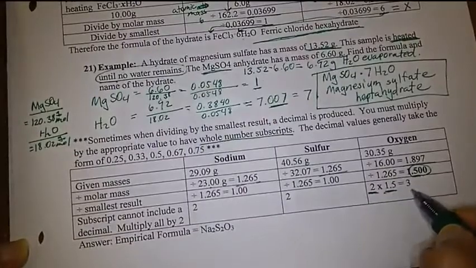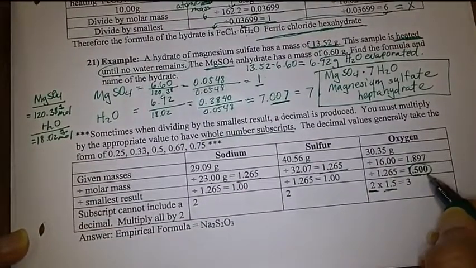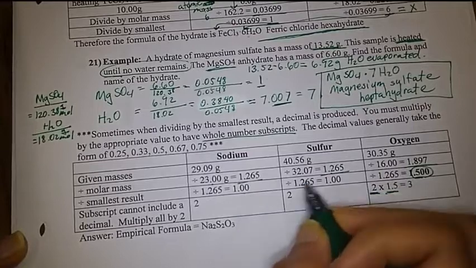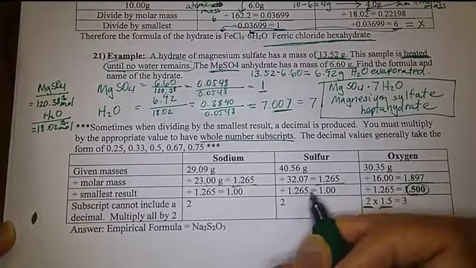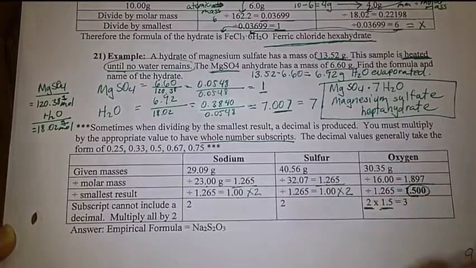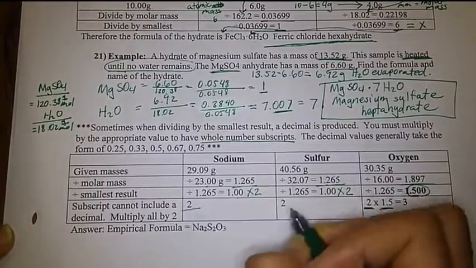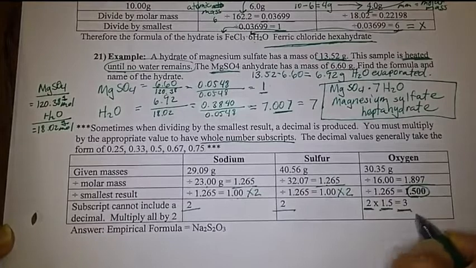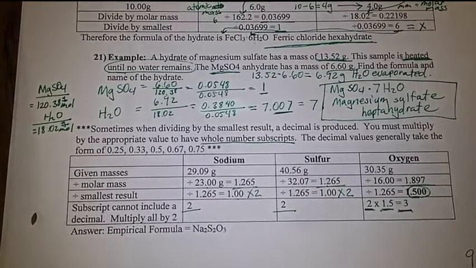So we're going to multiply it by 2, and when we do, we get 3. What we do on one side, you must do the same to the other elements. So you're going to take each one of these, this 1, and you're going to multiply it by 2 to eventually get 2, 2, and then the oxygen is going to be 3. Okay. So when you put this together, your formula is sodium disulfate.